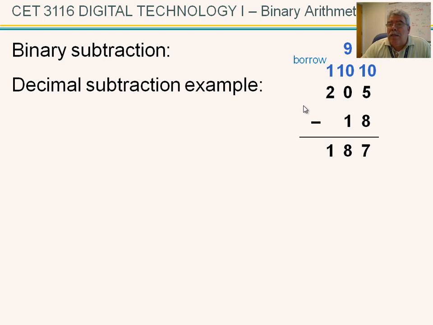In this case, the borrow moved from left to right. The first time, the rightmost column didn't have enough to perform the subtraction and had to borrow, and then the column in the middle moved 1 unit to this column, and that was converted into 10. The same thing happens here.